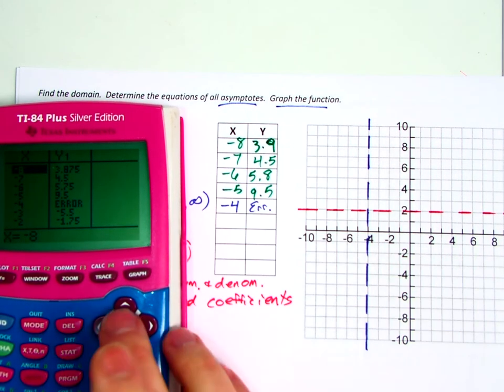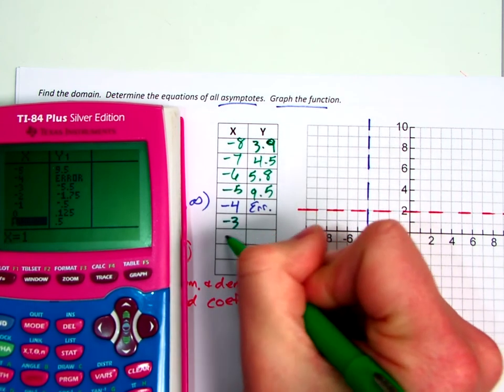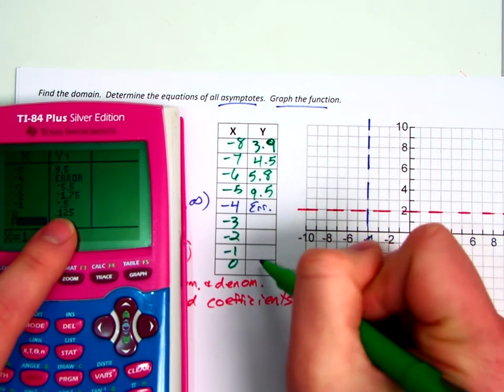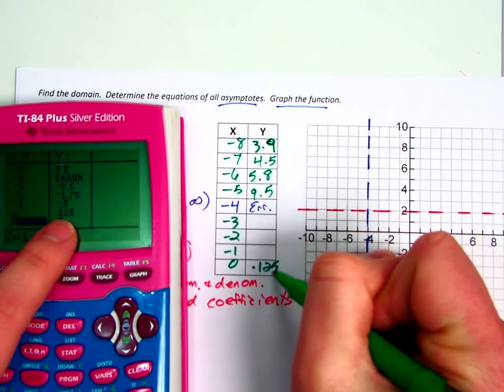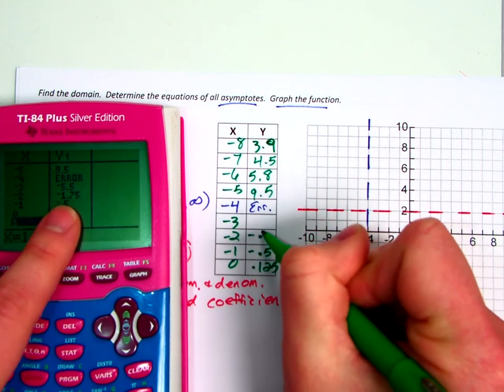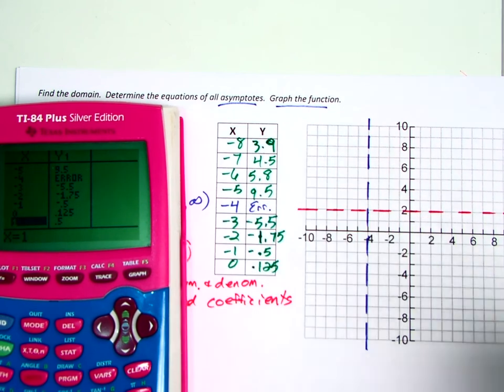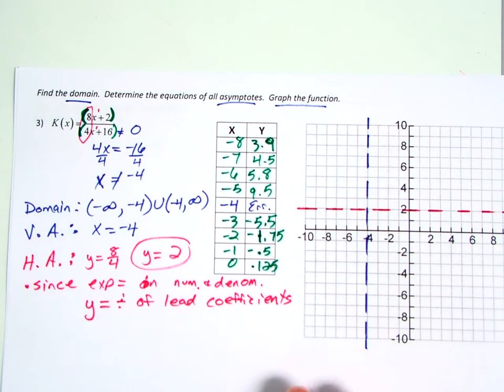And then we have to do the same thing in the opposite direction. So negative 3, negative 2, negative 1, 0, which is 0.125, negative 0.5, negative 1.75, and negative 5.5.